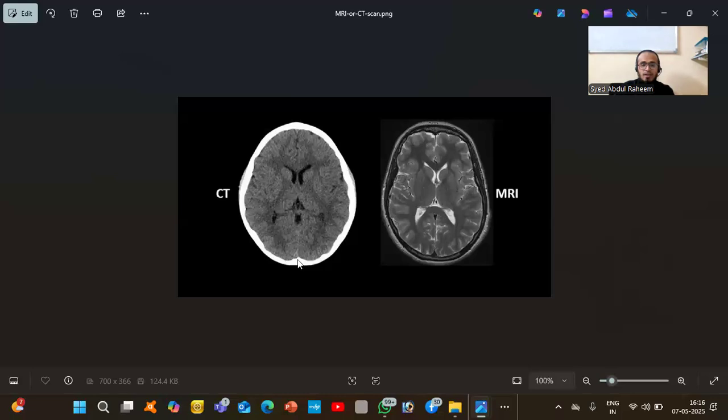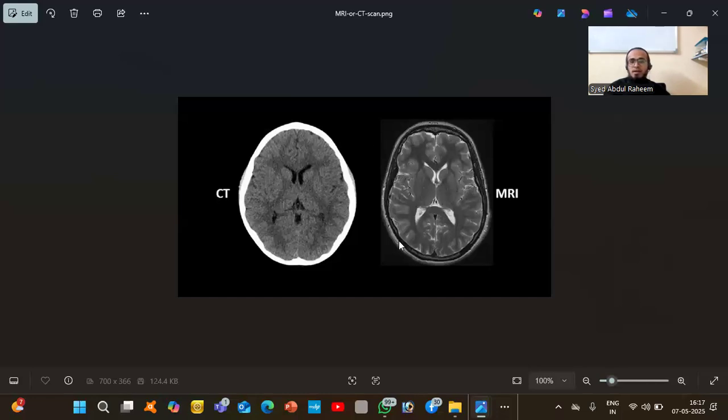Whenever you see this white color image, it shows that it is a CT scan. The bone is in white color, bright white color. Whenever a scan comes to your hand, if there is bone that is bright white, it is a CT scan.